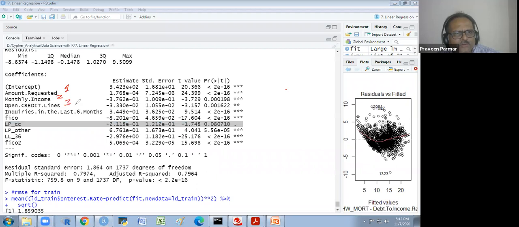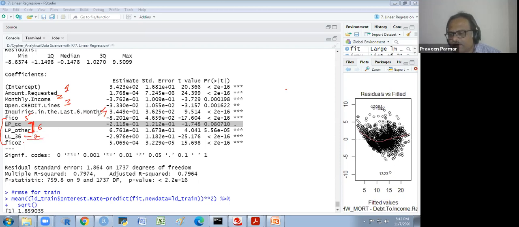This is 2, this is 3, this is 4. And this is 5. And this is basically one variable, LPCC and LP other, we have converted into dummy. Got it? And 7. And this is the same FICO. Got it? So we have 7 variables now.